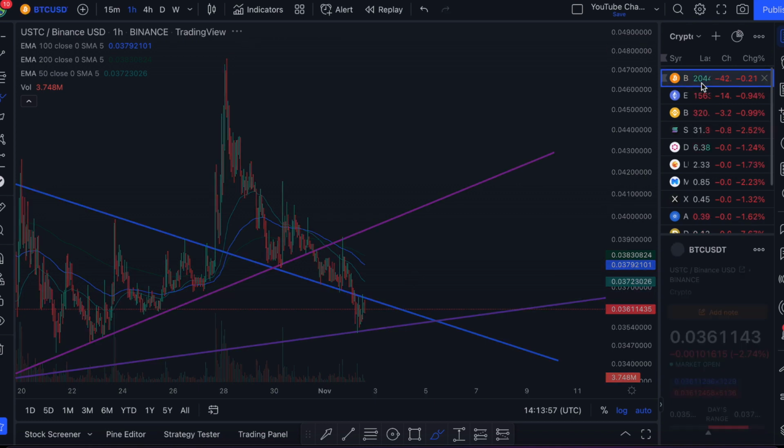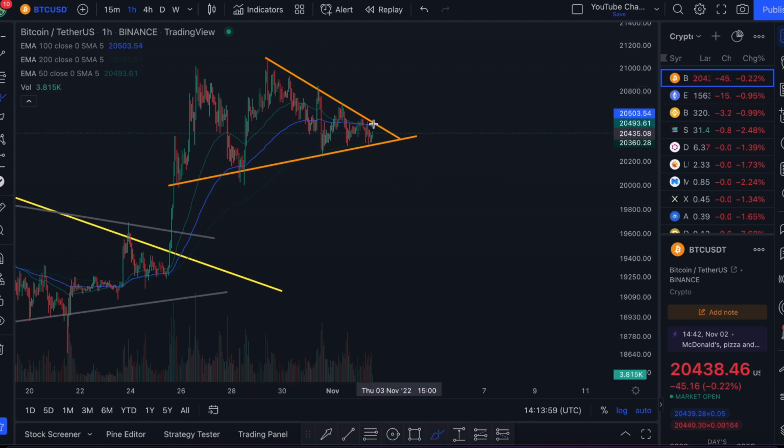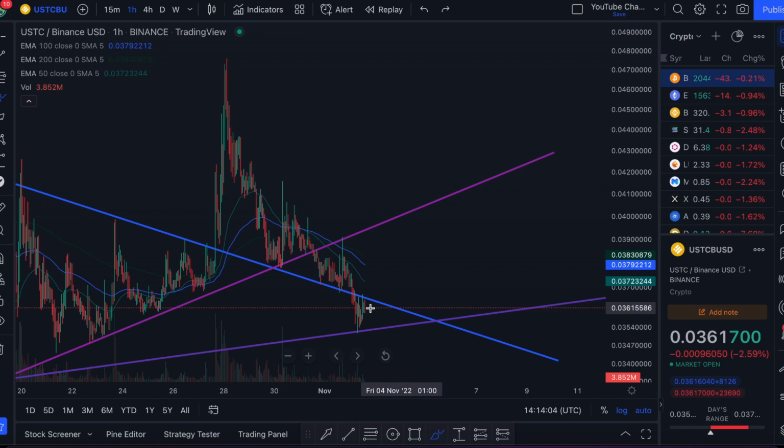So we should see Bitcoin break out of that same triangle that I drew here. We should see the price get into the 21,000s, and there should be a bullish bias here on USTC. So that will definitely impact the price, as a rate hike of 75 should bring down the price, and a rate hike of 50 should, at least in the short term, bring up the price here on USTC.